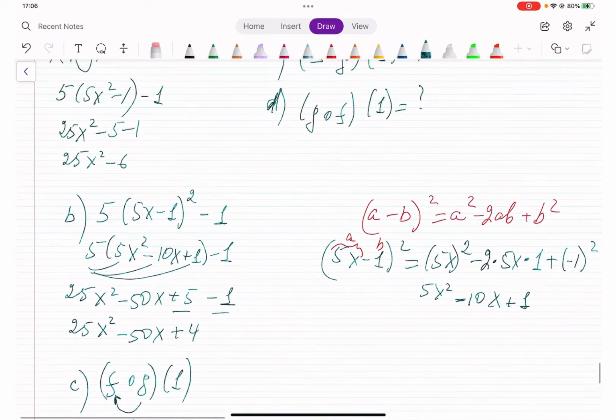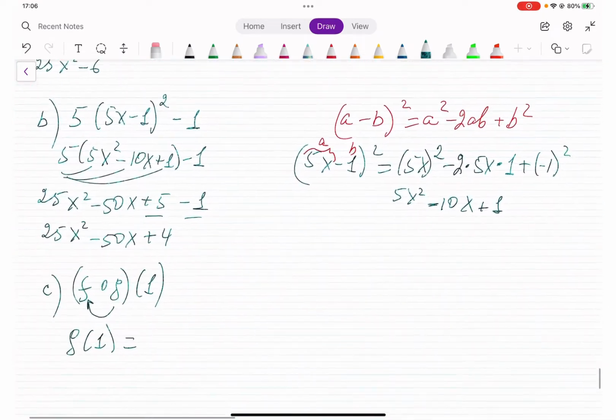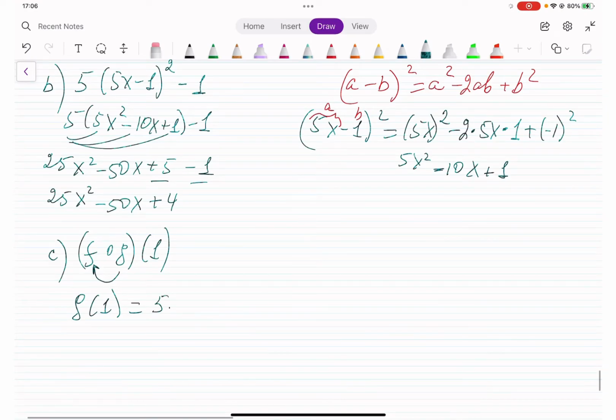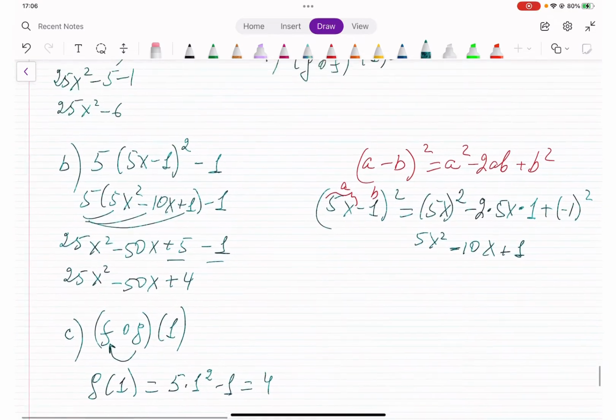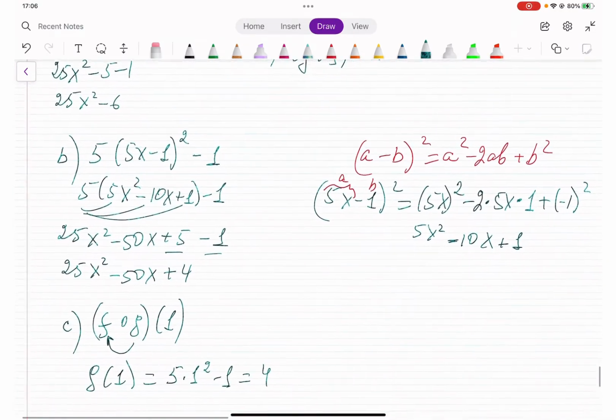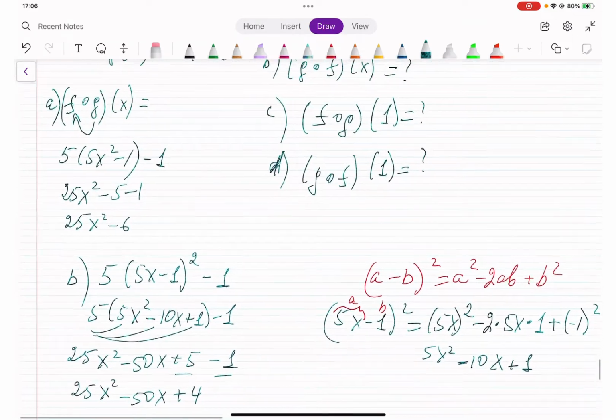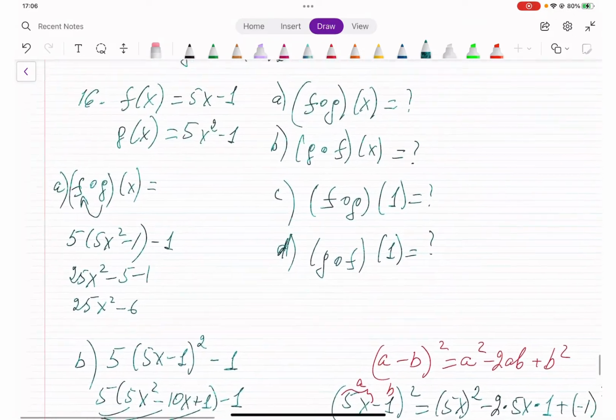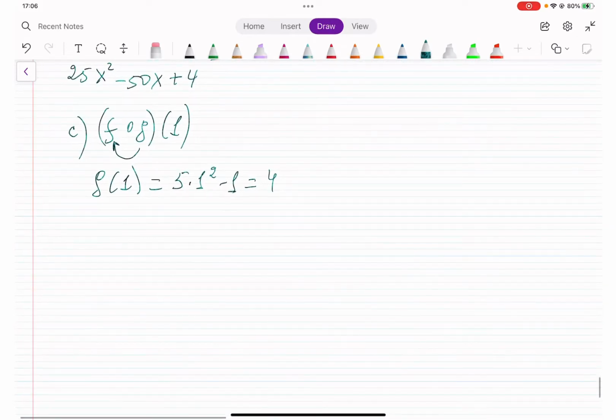Where is my g? 5x squared minus 1. 5 times 1 squared minus 1, and I'm getting 5 minus 1 equal to 4. Well, since I know g of 1 is equal to 4, that 4 I'm going to plug into the f of x. Let me write it down.